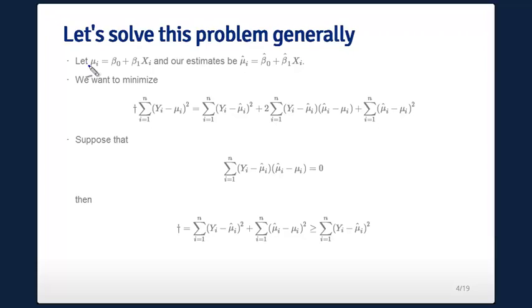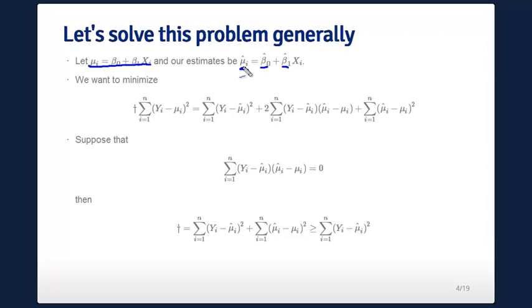So let mu i be beta naught plus beta 1 xi, just to reduce some notation. Then if we found a specific value of beta naught hat and a specific value of beta 1 hat, our fitted mean would be mu i hat for that pair.